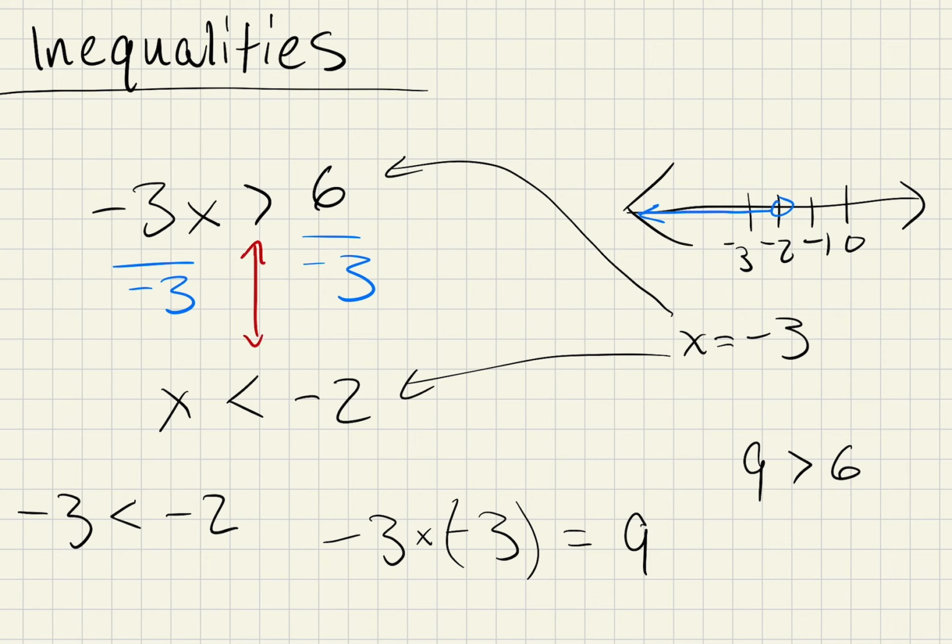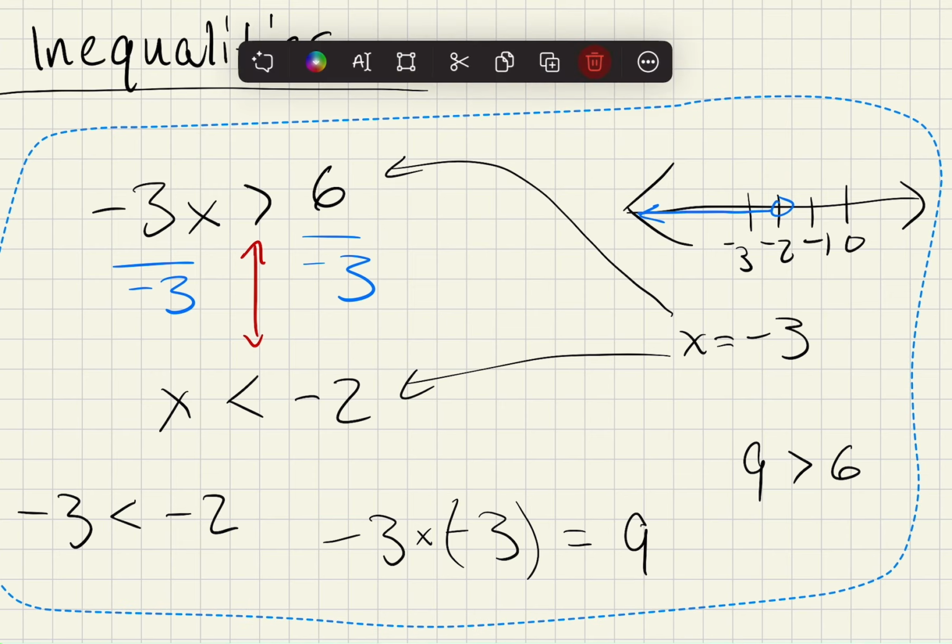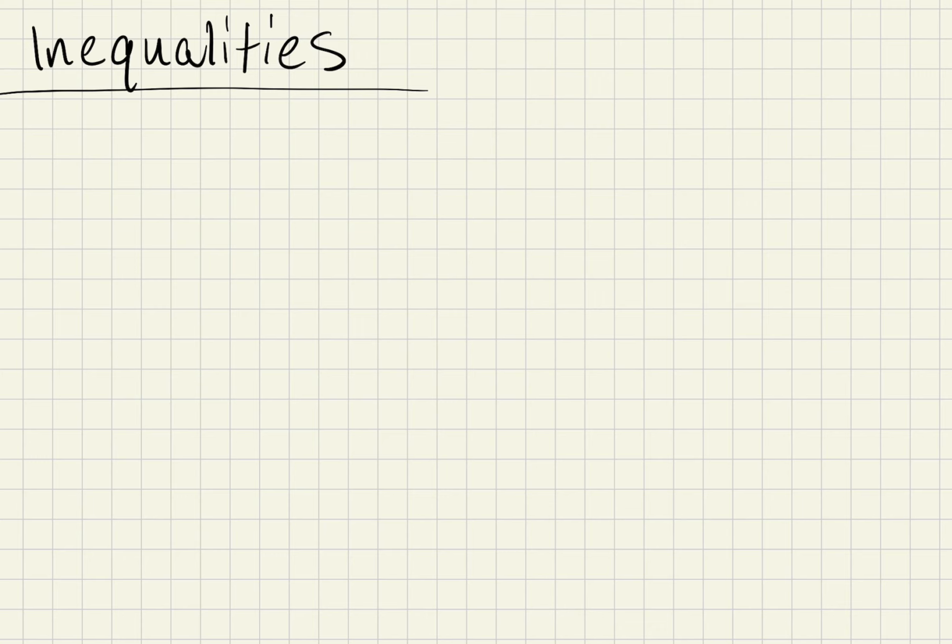The same thing is true if you have a greater than or equal to sign, or less than or equal to sign. So, for example, if we have 4x is greater than or equal to negative 8. Let's change this slightly, just because this actually doesn't work. Like this. Negative 4x is greater than or equal to 8. Well, we're going to first divide by a negative 4 on both sides.